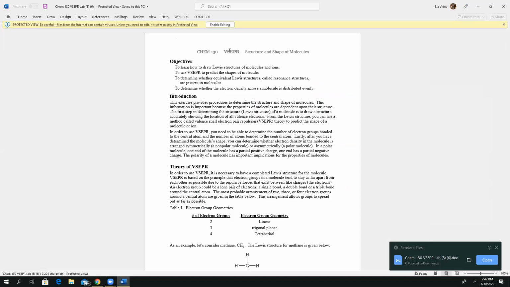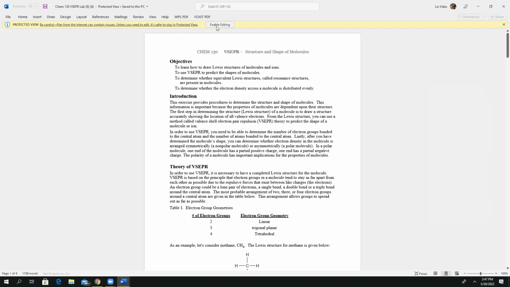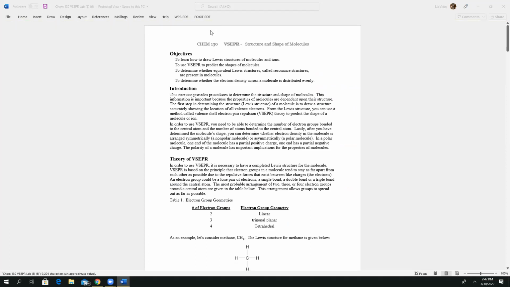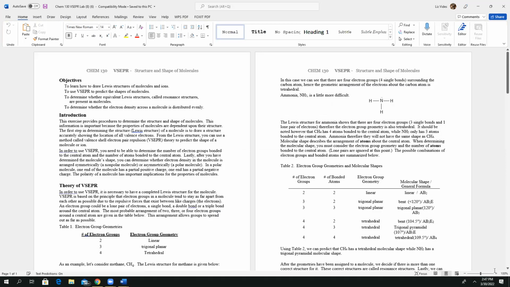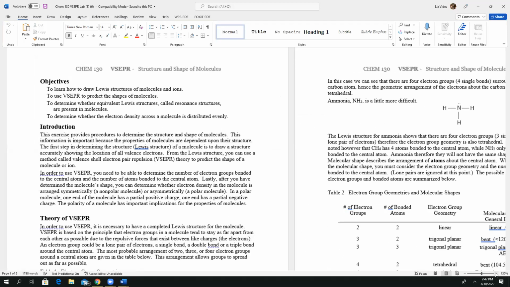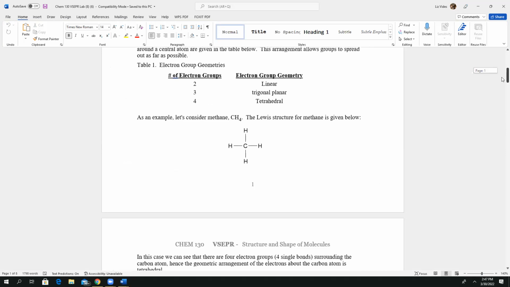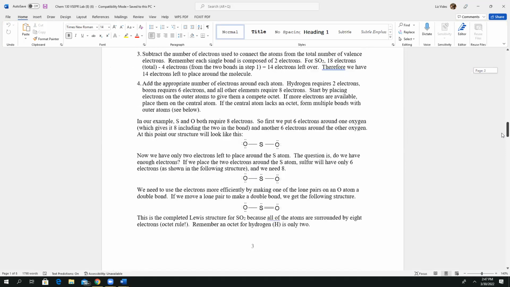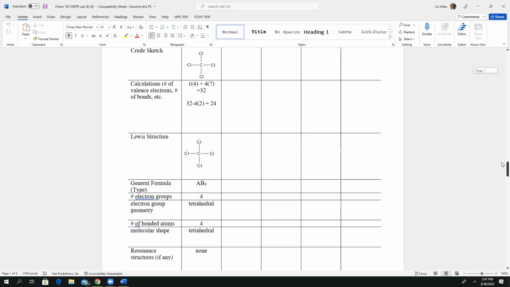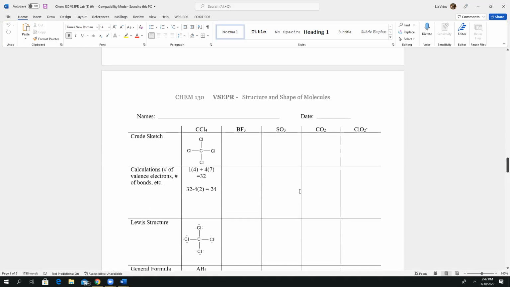Let me enable the editing on this one so we can write directly on it. I can't draw the Lewis structures for each one of these, but I can do all the other part. I can fill in the blanks on these. Okay, so the Lewis structure is already done here.